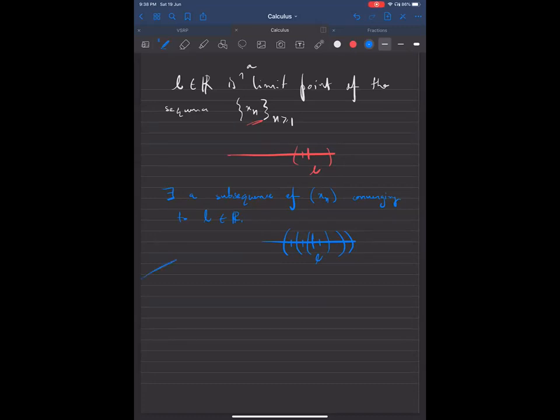And it's not just constrained to sequences. You can talk about limit points of a subset of real numbers.